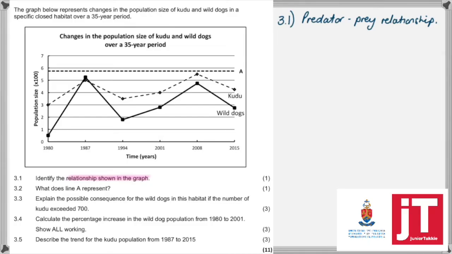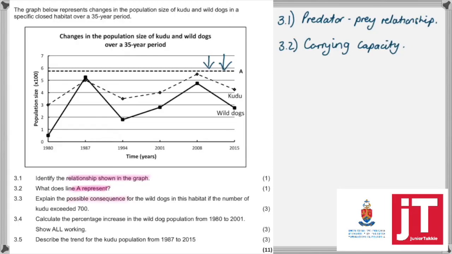And as the prey decrease in number, so the number of predator decrease as well, because there's now not enough food available for them. If we look at point A, that is now referred to in question 3.2, you'll see that the line, as before, does in fact represent carrying capacity of this environment.